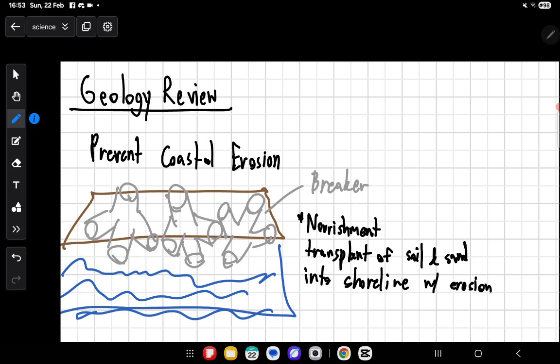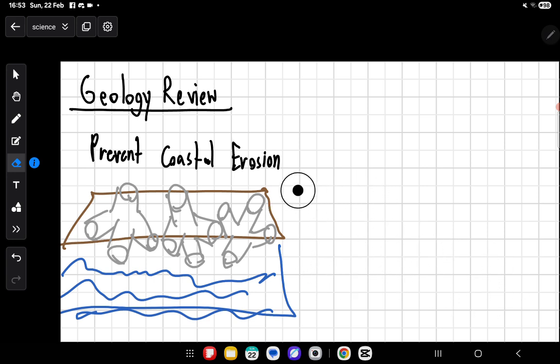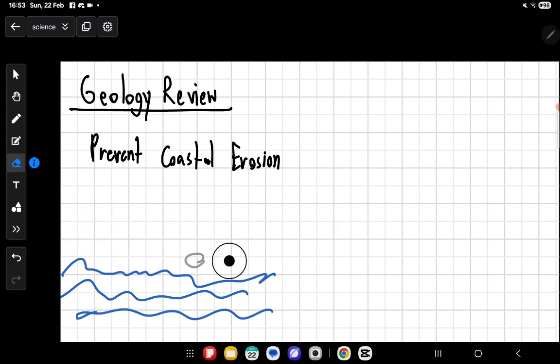So we transplant soil and sand into the shoreline with erosion, and that is basically how it works when nourishment comes into play. And these breakers prevent coastal erosion, as I've stated before.